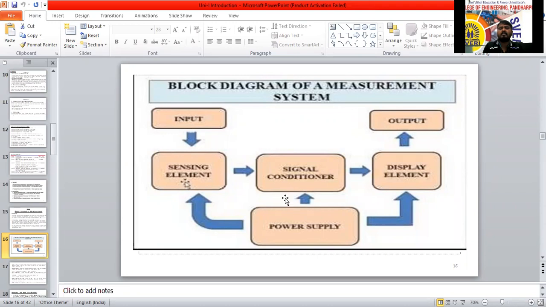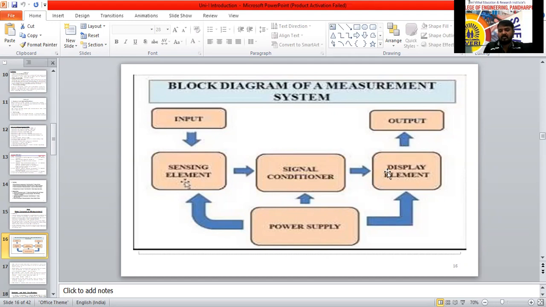This is a very simple block diagram. Each block I have already explained. Input is given to the sensing element, which senses the input signal and converts it into the required electrical form. The conditioner will amplify it and frequency match it.